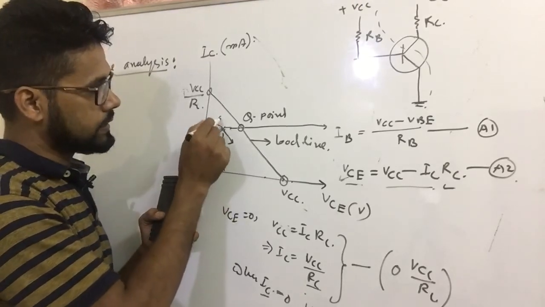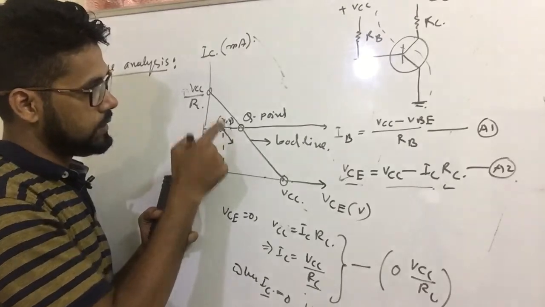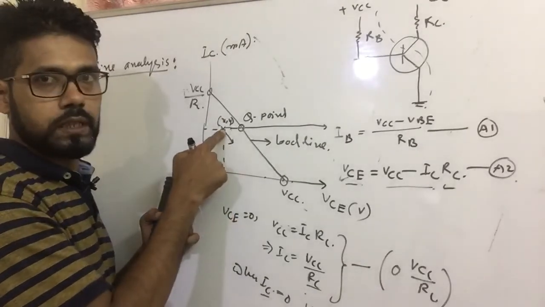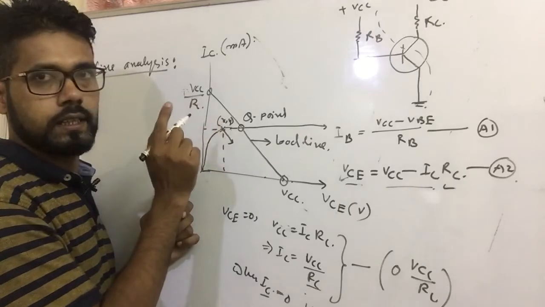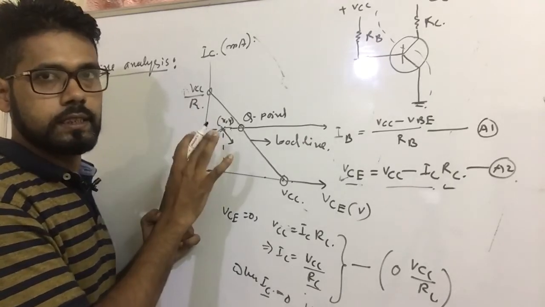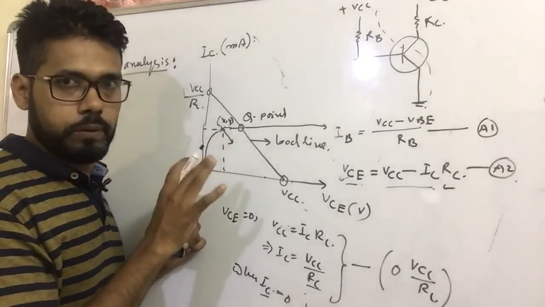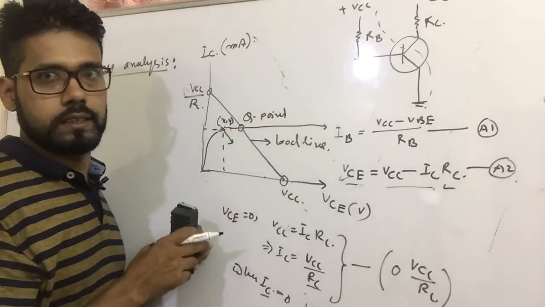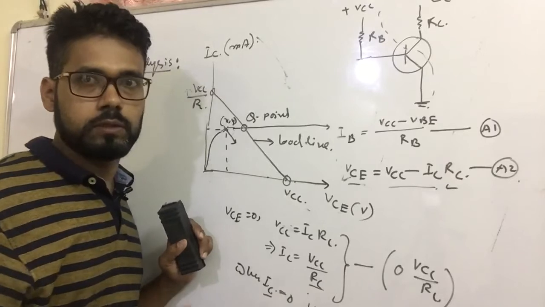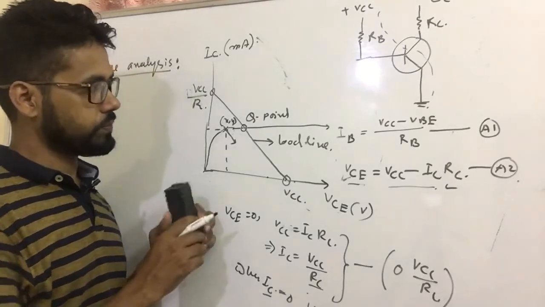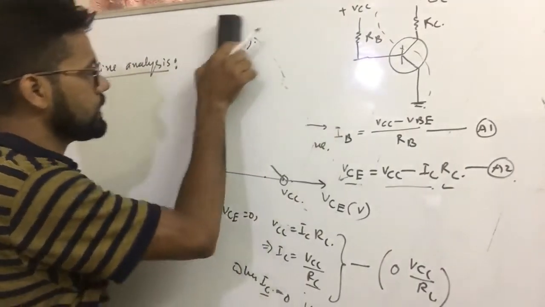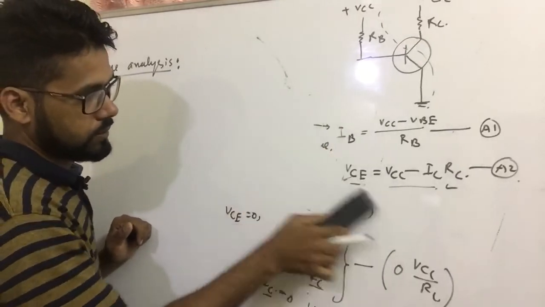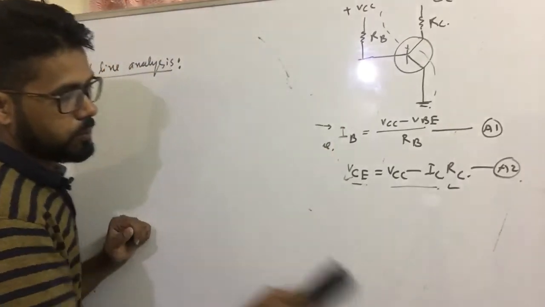Suppose x, y, means you will get a particular value of voltage and a particular value of current. At that point, if you use the transistor, it will be active and operate properly. Outside this load line, you can use the device, but it will not function properly. Now, what do you understand by properly function?